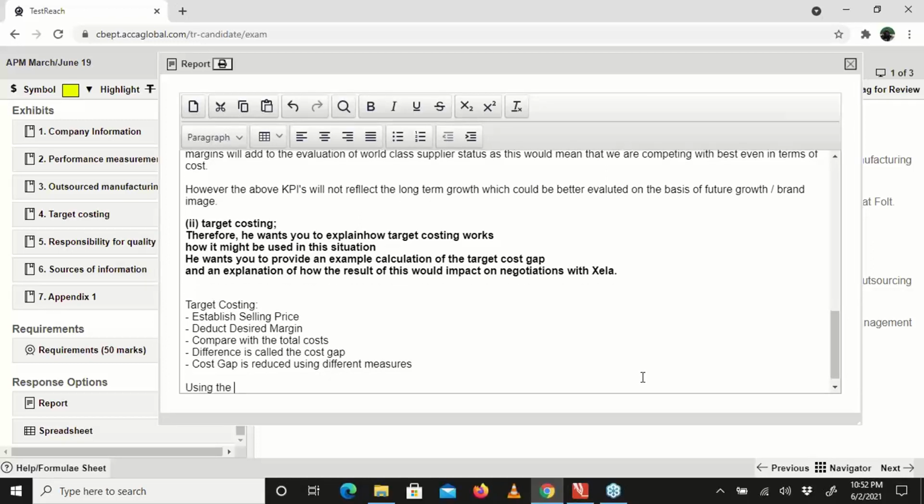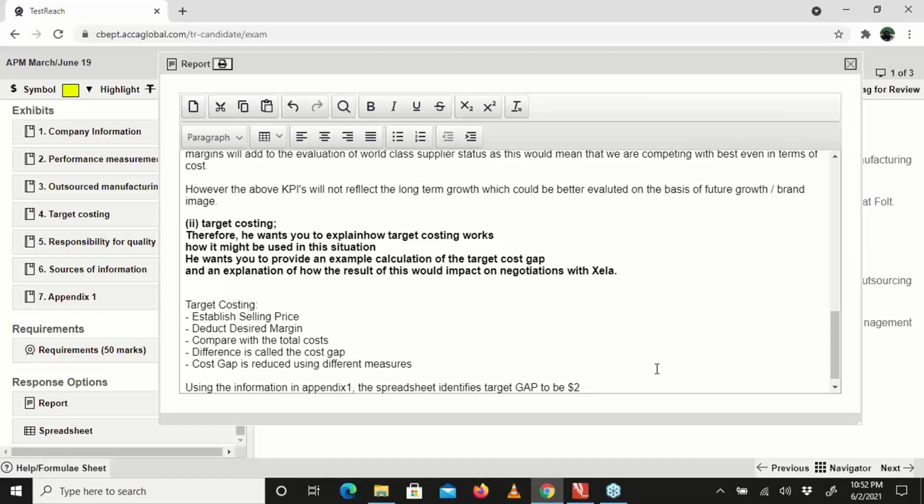So then, using the information in appendix 1, the spreadsheet identifies the target gap to be $2.